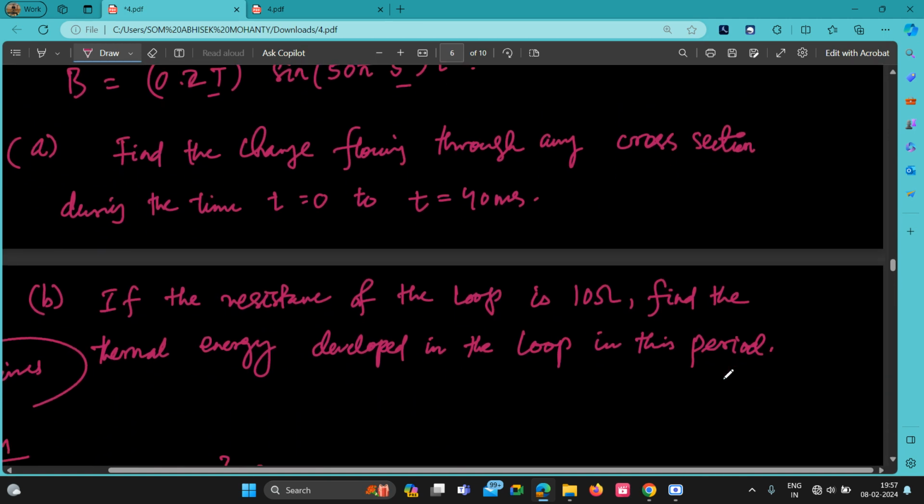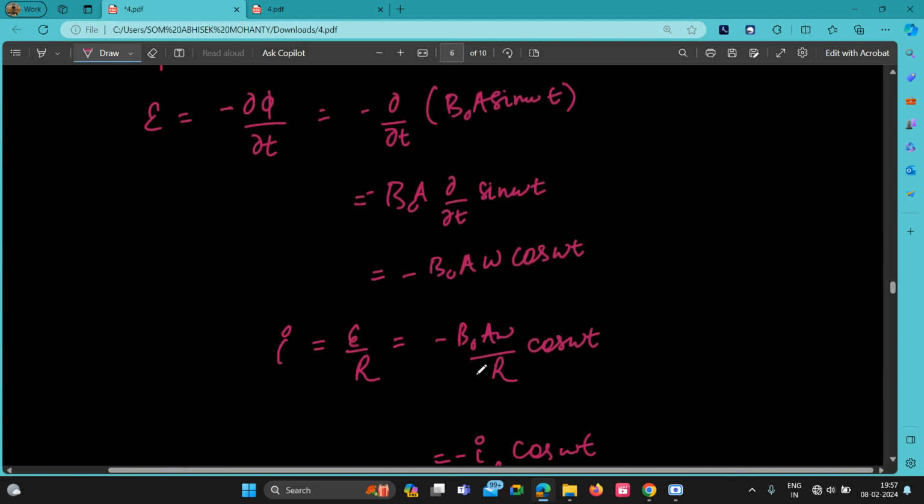Next question. If resistance of the loop is 10 ohm, find the thermal energy developed in the loop. What is the thermal energy?